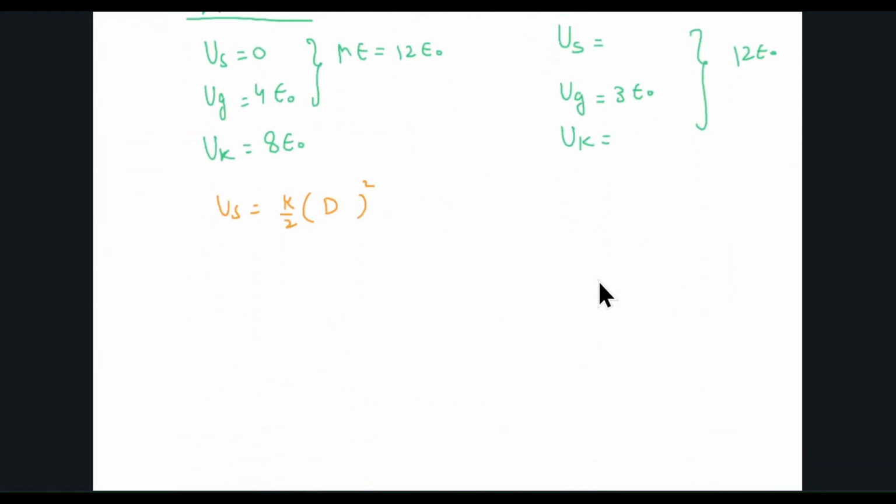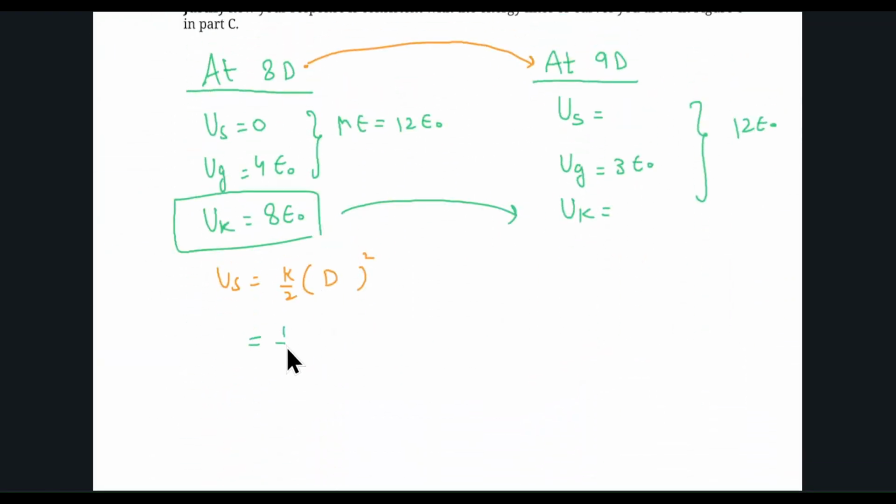I'm going to sub in over here. So if I sub in the value of K that we just found, the spring energy is 12 E naught over 8 D square times D square, over 2. So these two are gone. 2 times 6 is 12. So I have 6 E naught over 8. 6 over 8 is 0.75 E naught.